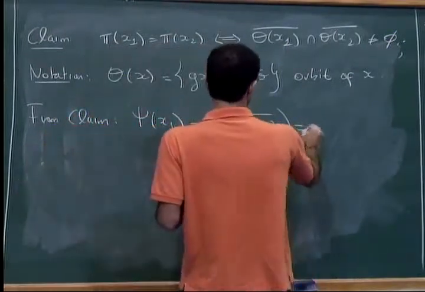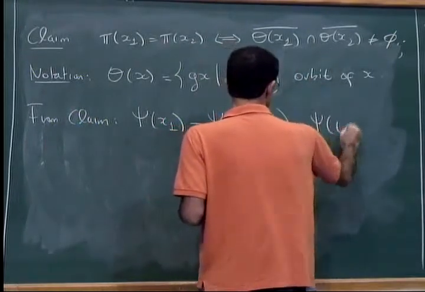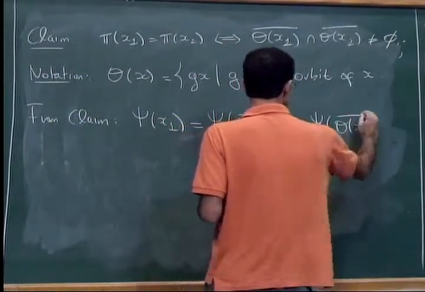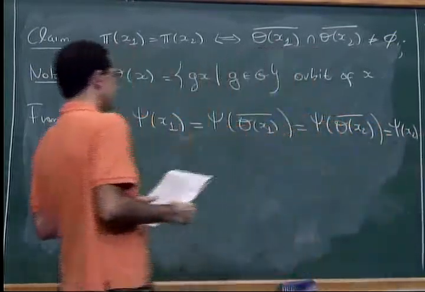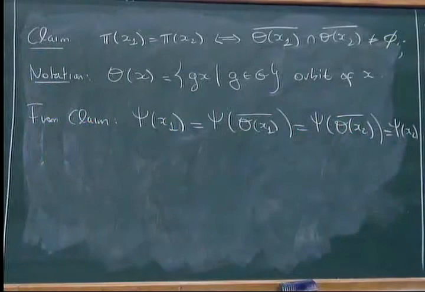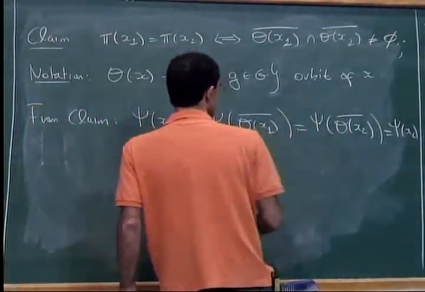And since the closures have a point in common, and the values are the same, this is equal to this, and this is psi of x2. Because they have a point in common, the values must be the same.